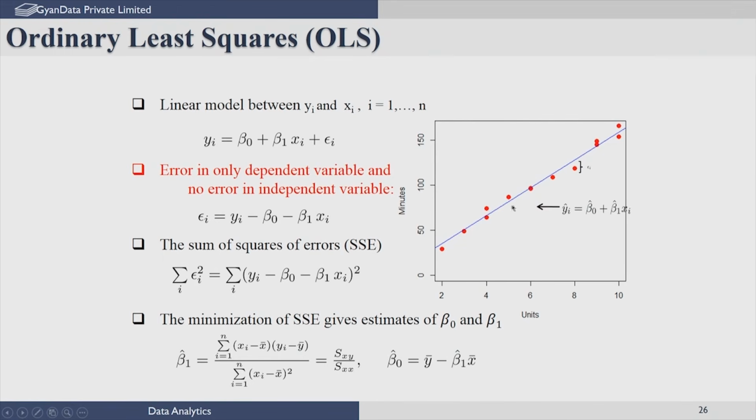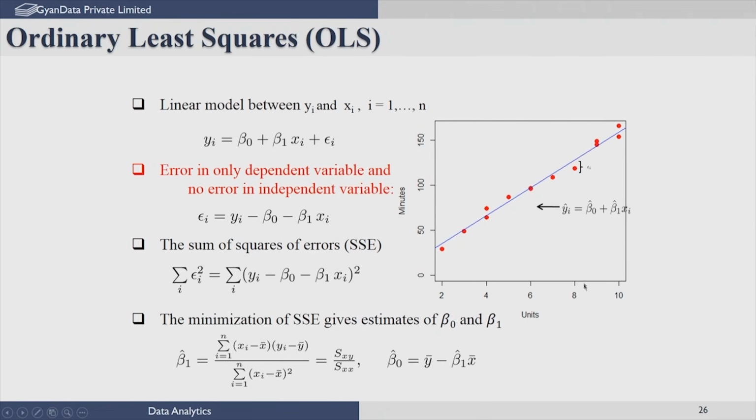Then once you have done this, we will go back and find out how much deviation there is between the observed value and the line. In this particular case, let us take this observed value, yi, corresponding to this xi, which is 8. Now, if this particular equation is correct, then this is the predicted value of y.